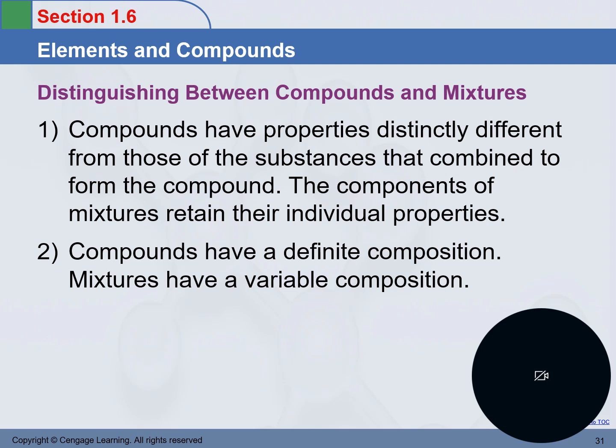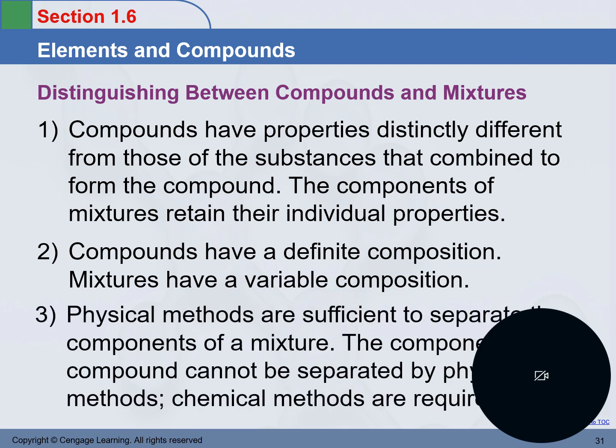You could write a formula for it, while mixtures have a variable composition. The lemonade that you drink at your house might be different than what I have at my house. The mixtures, again, we can have different likes for the amount of sugar that we put in there. And physical methods are sufficient to separate the components of a mixture. Components of compounds cannot be separated by physical means. Chemical methods are required.